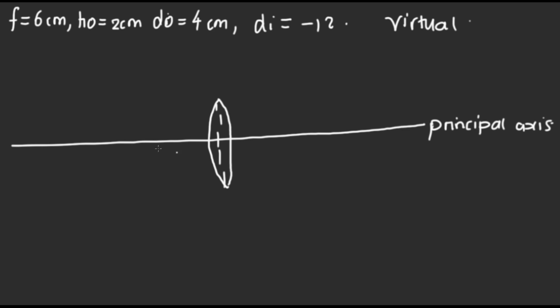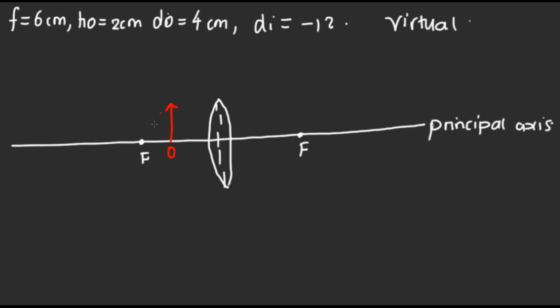Remember, the focal length is 6 centimeters. They have to be equidistant. Now, the distance of the object is 4 centimeters, and from here up to here is 6. So 4 centimeters simply means that the object is between F and the lens. So let me put it somewhere here.